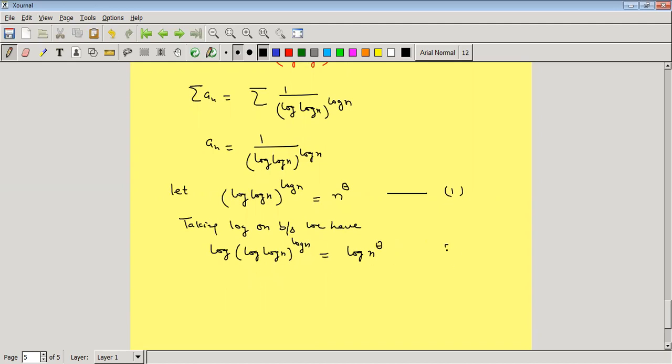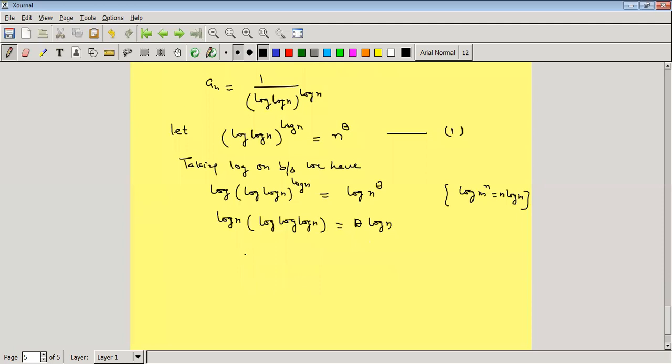So we know that log of n^theta is theta log n. So we can write log n times log of log n equals theta log n. So log n is cancelled out. So we can write log of log n is equal to theta.